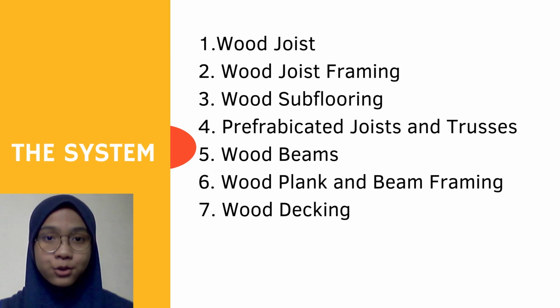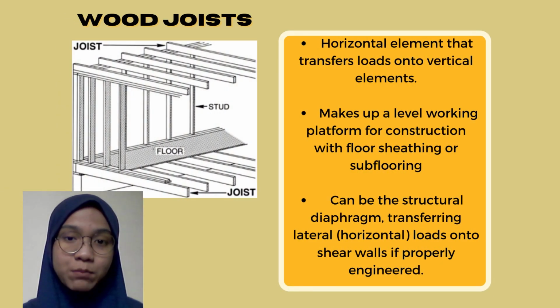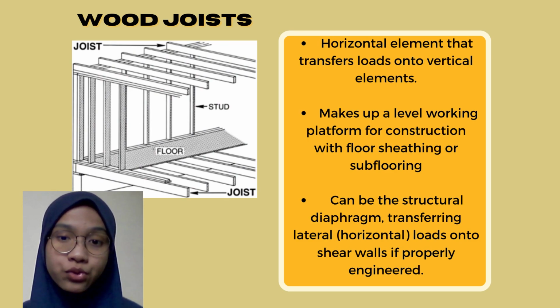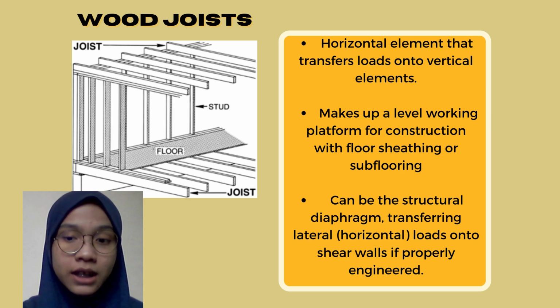So now let's take a look at the systems that are used when using timber as the construction material. We have about 7 systems, the first one being wood joist. Wood joist, in simple terms, is a horizontal element that transfers loads onto vertical elements.